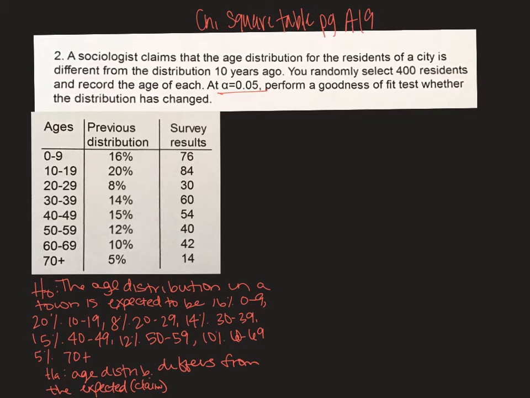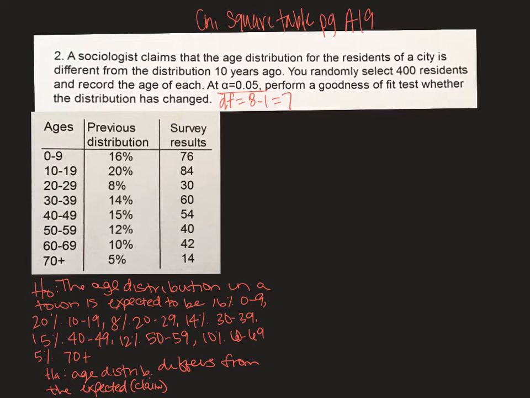So we're going to our alpha value of 0.05, and then our degrees of freedom is k minus 1. K is the number of categories, so in this case, age groups. We've got 1, 2, 3, 4, 5, 6, 7, 8 age groups or categories.